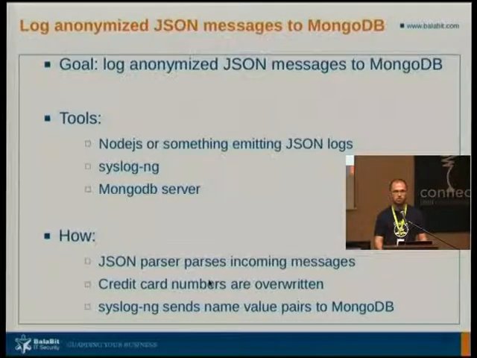For example, in Germany, one is not allowed to store the IP address of website visitors, so those can be anonymized. Or in PCI DSS, one needs to anonymize the credit card numbers in logs. And at the end, syslog-ng sends the name value pairs to MongoDB.